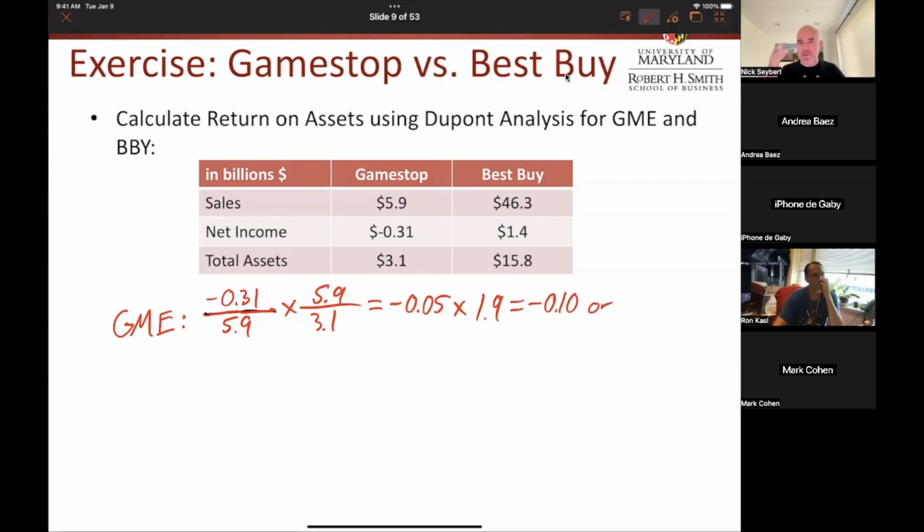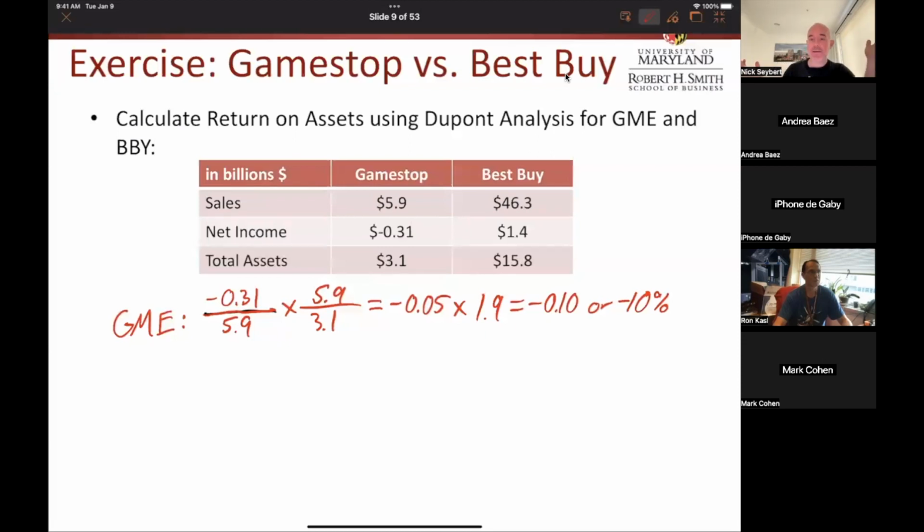You could express all of these as percentages, so that's a negative 10%. So GameStop's return on assets is negative 10%. It's losing 10% of its assets each year. It actually used to be losing more than that. So even though this looks not that great, they're actually doing better than they were a year or two ago.